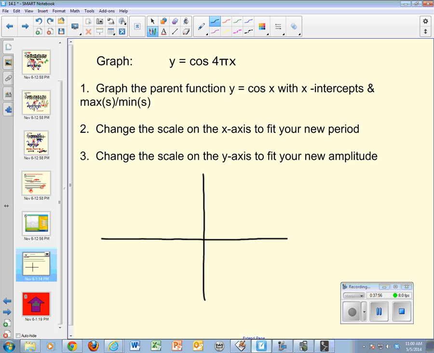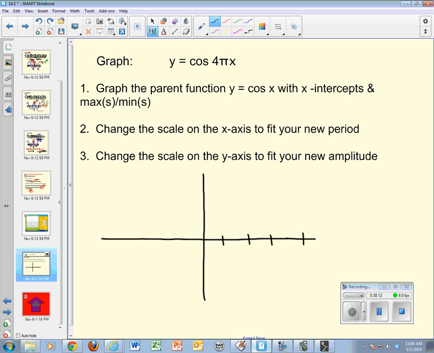So we're going to put in 4 tick marks on each side of the y-axis. And you might want to make a note of that so when you go back and look, you're remembering that you're breaking one cycle into 4 pieces.